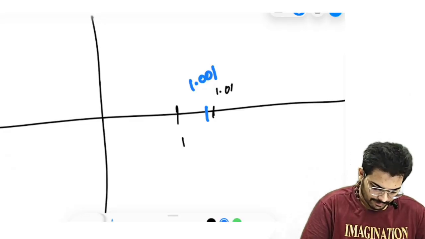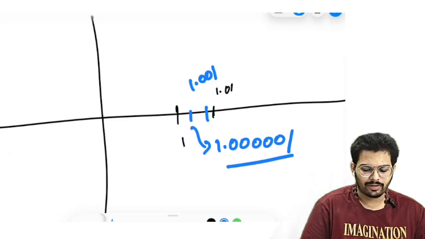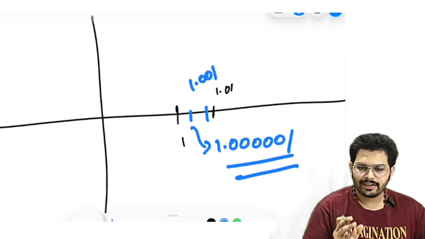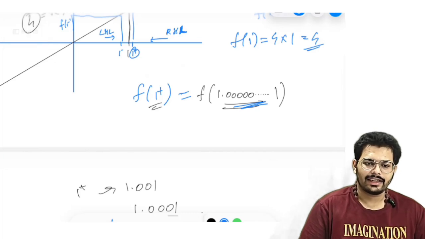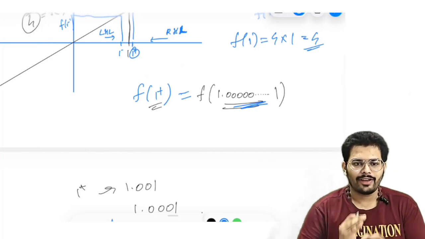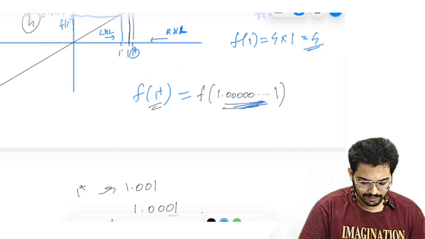Now again, if I take one more point, I can have 1.000001. This is even closer. So we don't have an exact value, so we can't have a value for this. In that case, we will only find what value the function is approaching. That's the logic.